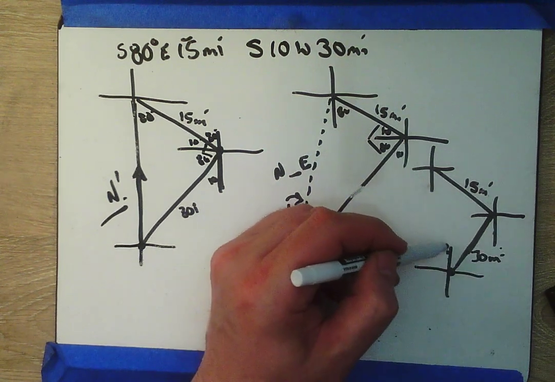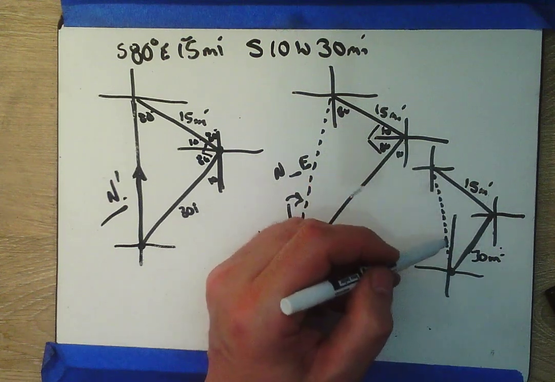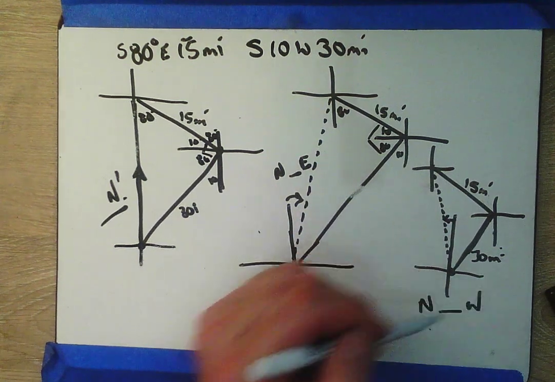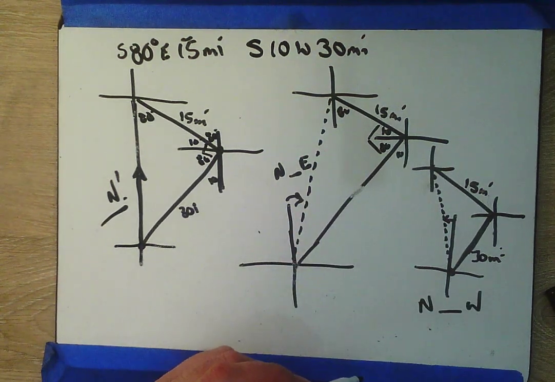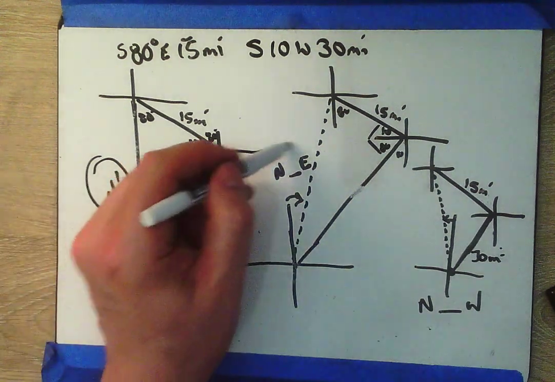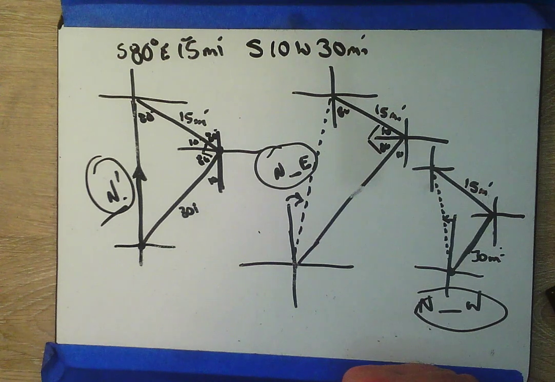And so for them to get back, they need to go north, something west. So isn't that interesting? Depending on how I draw the picture, I could end up in this situation where I go straight north home, I go north and something east, or I go north and something west.